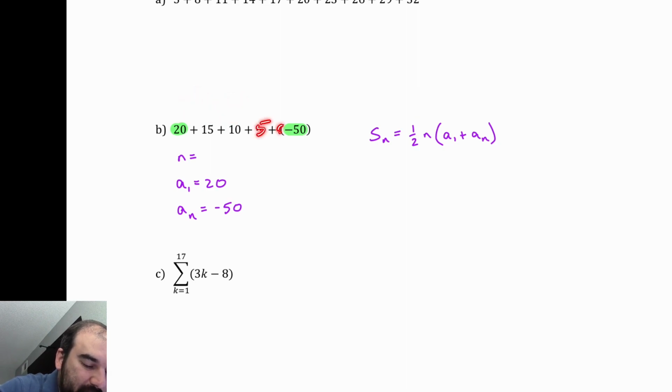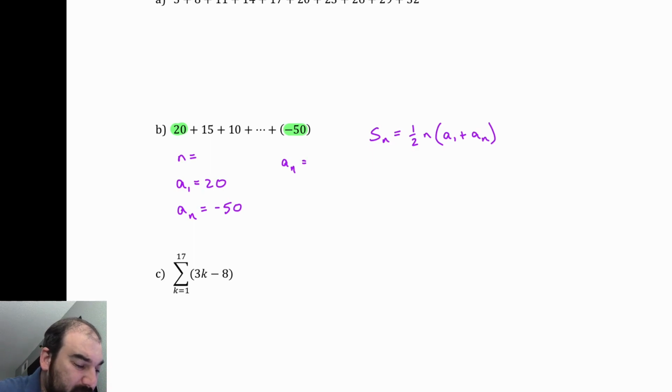I could go 5, 0, -5, -10, and go all the way to -50, and then count how many terms there are. Or we can use the idea from last time and write the explicit formula for a sub n here.